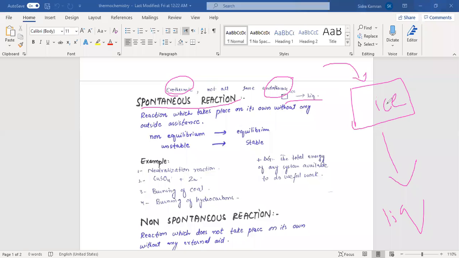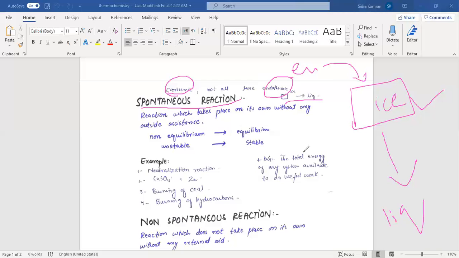So this reaction is spontaneous. Conversion of ice into a liquid is a spontaneous reaction, but endothermic. So generally you say that all the spontaneous reactions are exothermic, but some of them are endothermic.